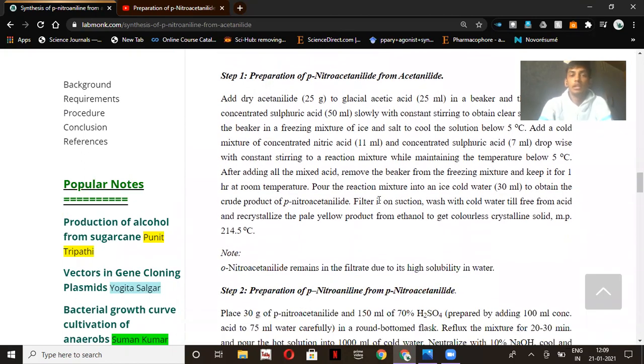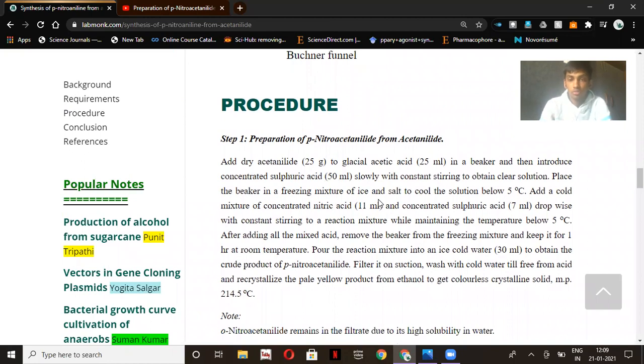Now place this beaker into a freezing mixture of ice and salt to decrease the temperature below 5 degrees Celsius. Add a cold mixture of concentrated nitric acid and concentrated sulfuric acid for the electrophilic reaction.